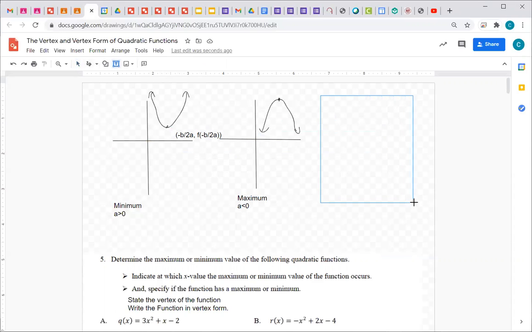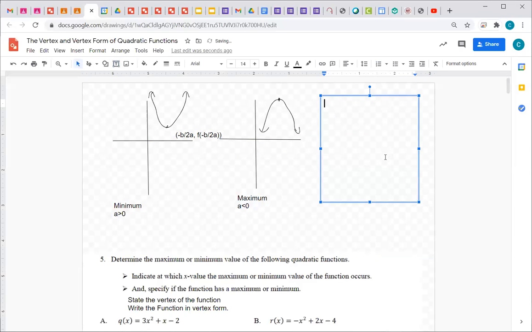So again, to find the x value of the vertex, use the formula negative b over 2a.